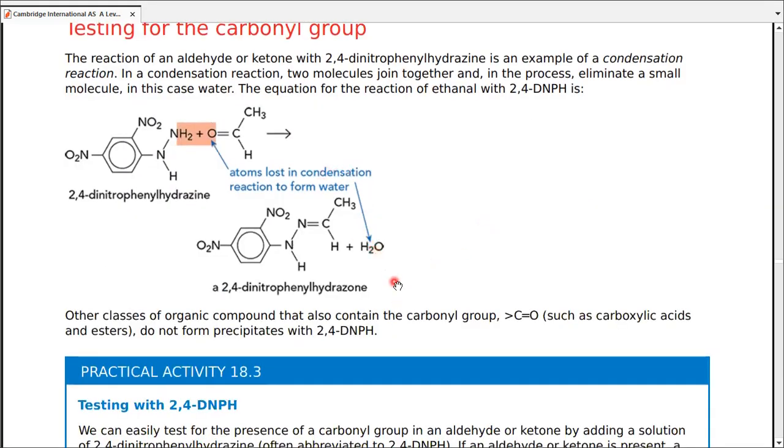It's clearly a condensation reaction, giving us a bigger molecule, and then a small, simple, stable molecule along with it. So other classes of organic compounds that also contain the carbonyl group, such as carboxylic acids and esters, do not form the precipitates.